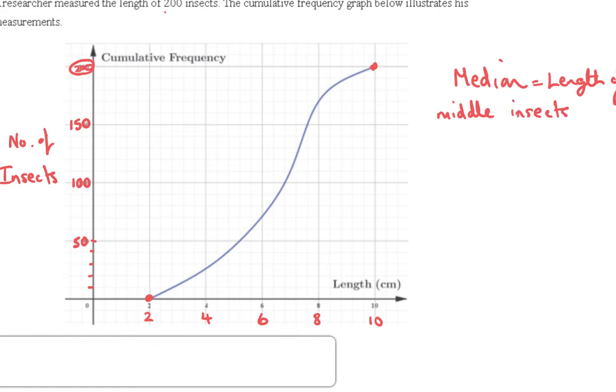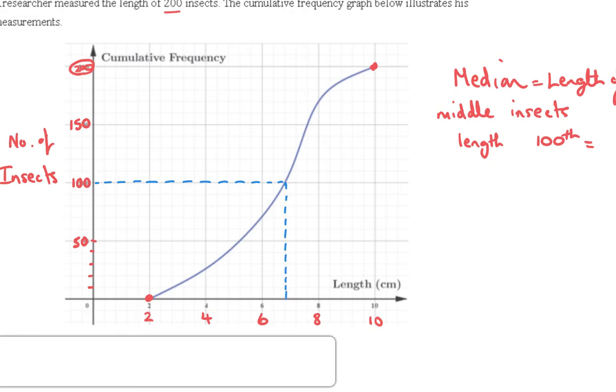And as there's 200, we're looking for the 100th insect. If we go to our graph, we go across. Let's do a different color. We find the 100th insect, which is here, and we go across to the graph, and then we come straight down, and that will give the length of our 100th insect.